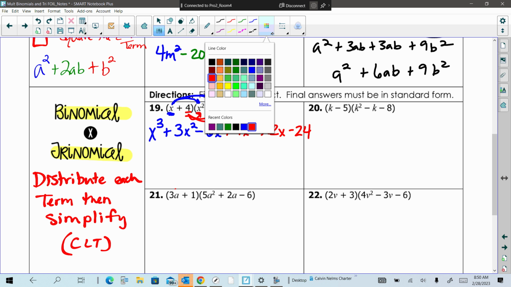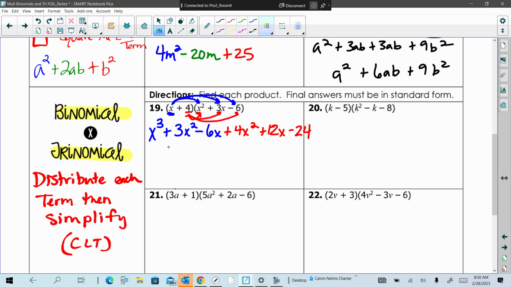Now we're just combining like terms. I start with the highest exponent. That's the x to the third. Then I have a 3x squared and a 4x squared. That becomes 7x squared, minus 6x plus 12x gives me plus 6x. And then we're left with minus 24.